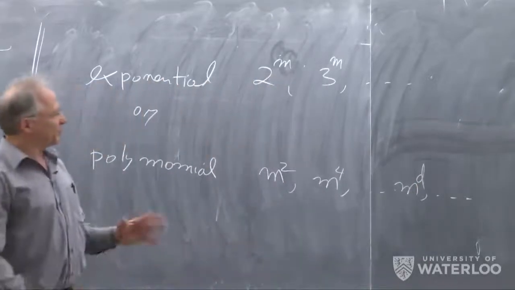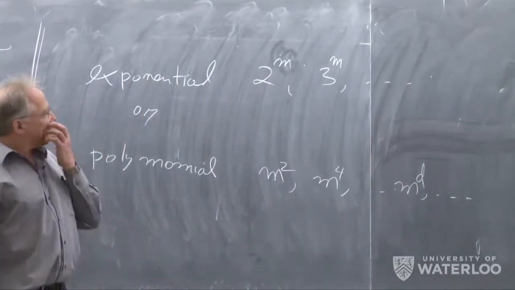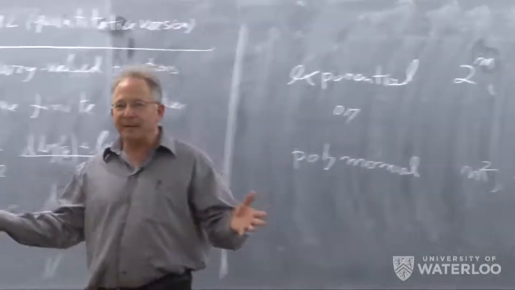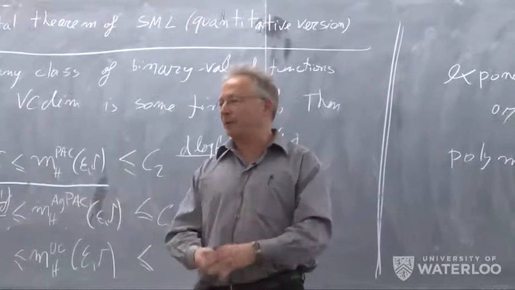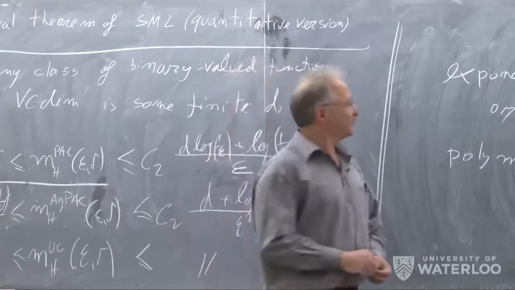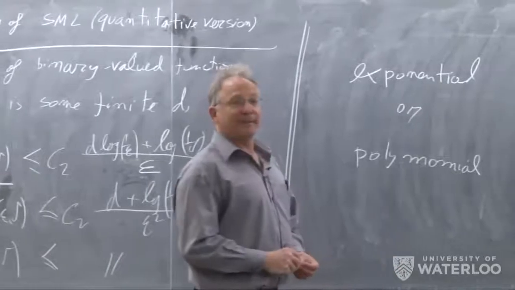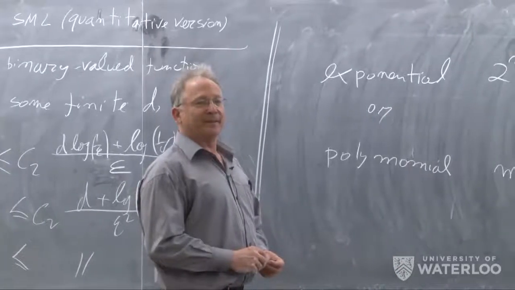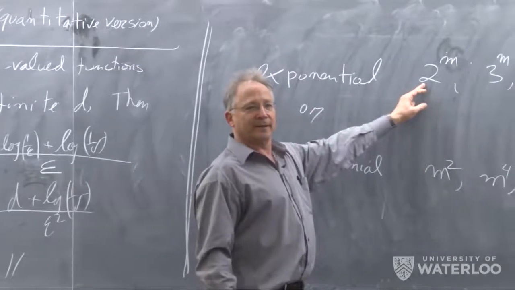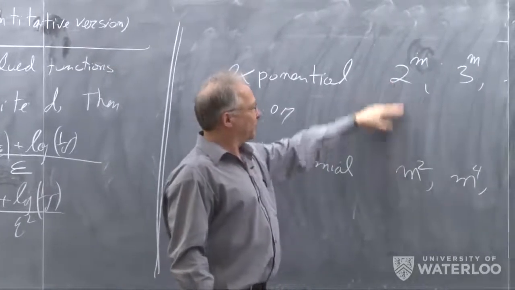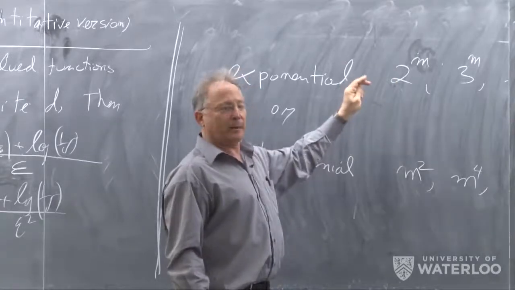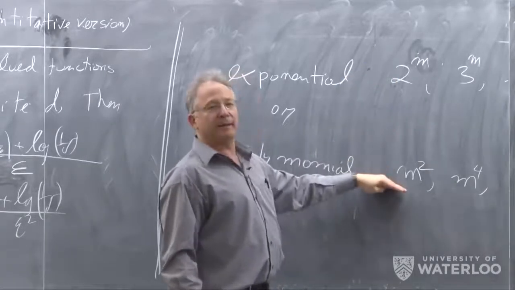And somehow in computer science you can get the wrong impression that there's nothing in between. But there could be many things in between. So can you give me an example of something in between? Give me, yes. M squared to the power of m? Oh, it'll be above this. Yeah, I want to be between them. I don't want to be above exponential. I want to be below exponential, but still above polynomial.